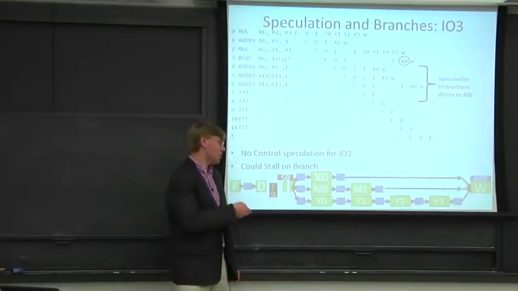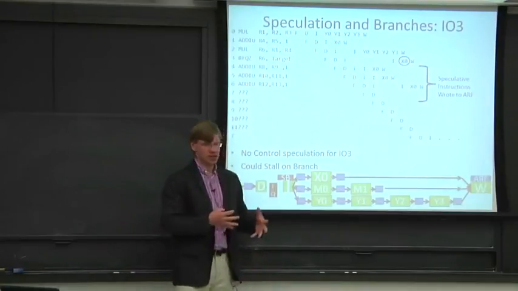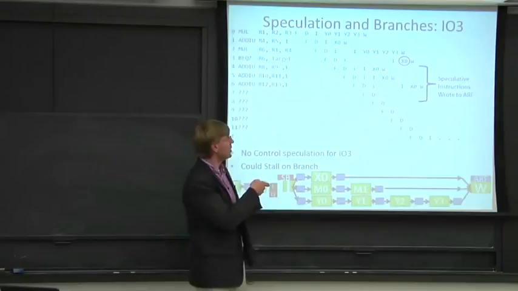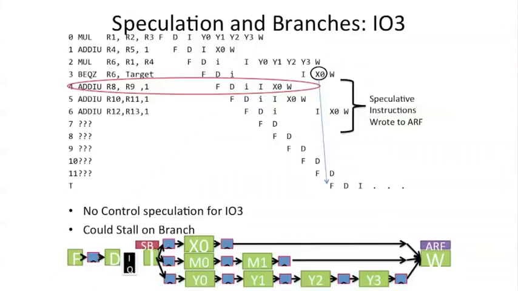Or actually, in this pipe, there's both architectural register file and the physical register file. It's all together. But if you take a look here, let's look at this add. This add writes the register file before the branch, which is dependent on the multiply, has been resolved. Uh-oh. Well, we just wrote the architectural register file.